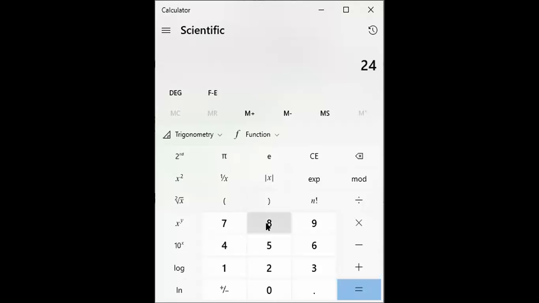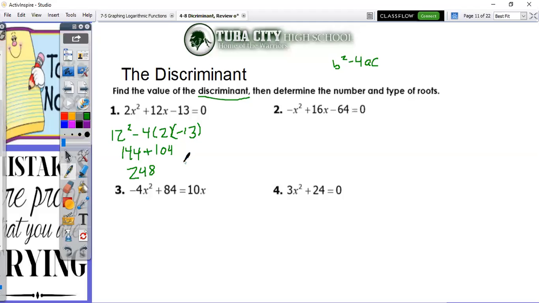The square root of 248, in this case, is not a square number. Since it is not a square number, that means, let's go ahead and put this down, 2 roots, but they are also going to be irrational.